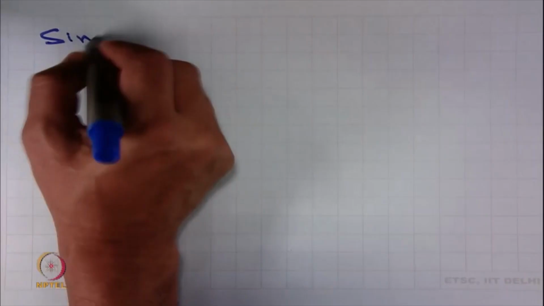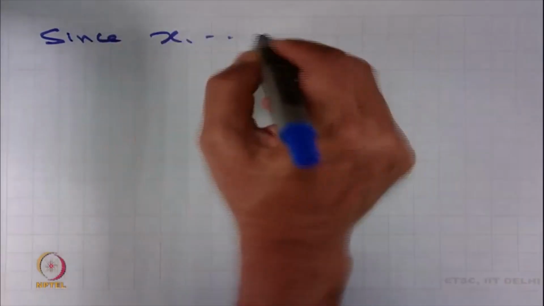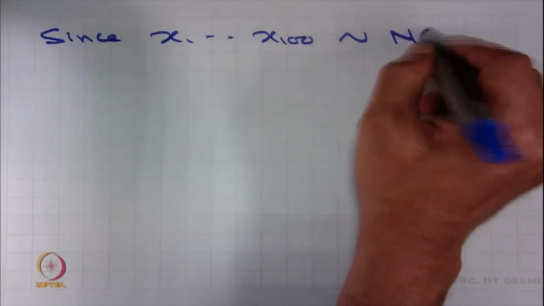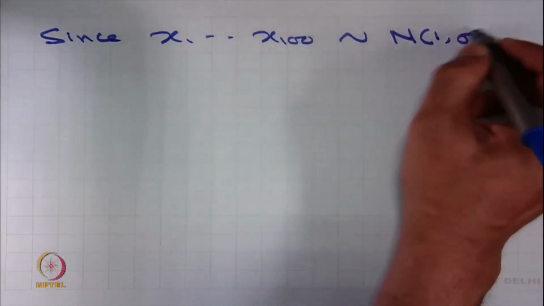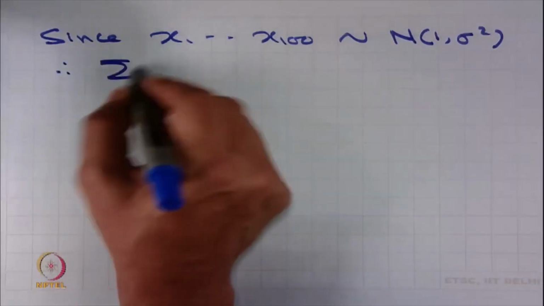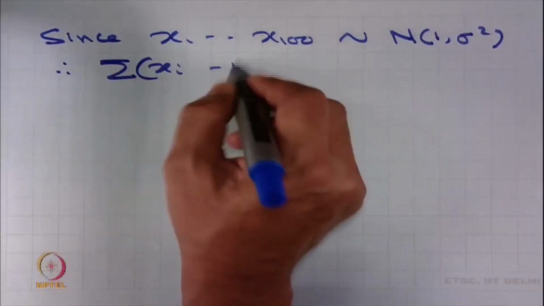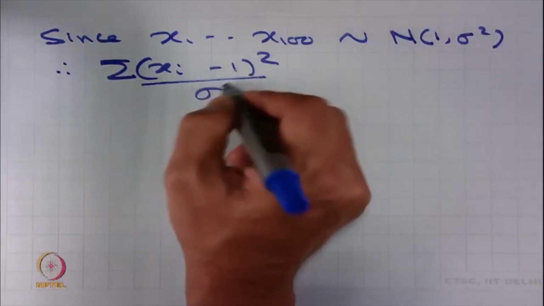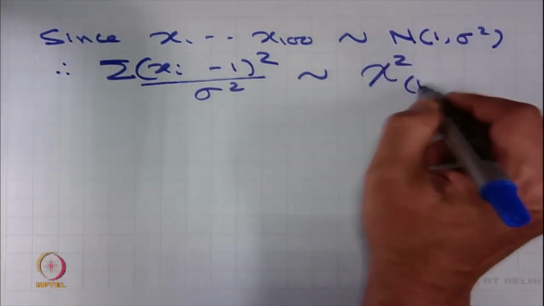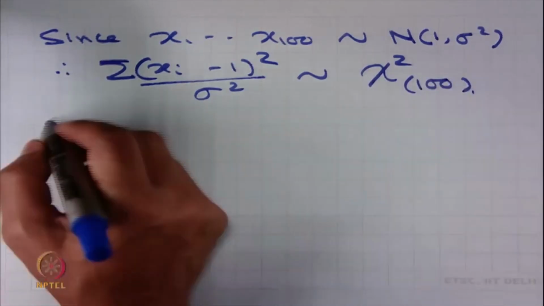Since x 1, x 2, ..., x 100 are from normal with 1 comma sigma square, therefore, sigma (x i minus 1) whole square upon sigma square is chi-square with 100 degrees of freedom.